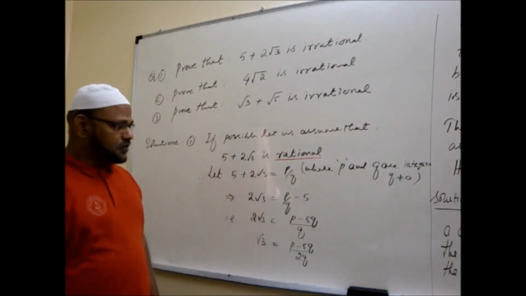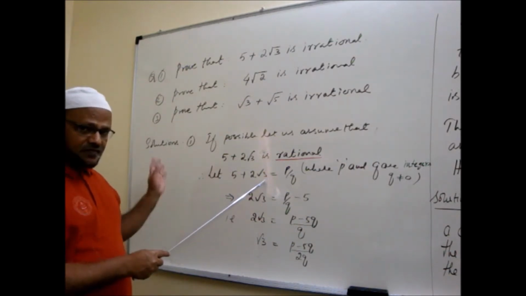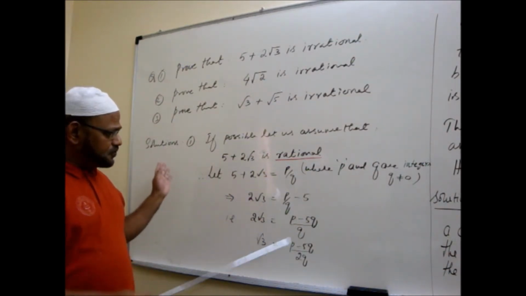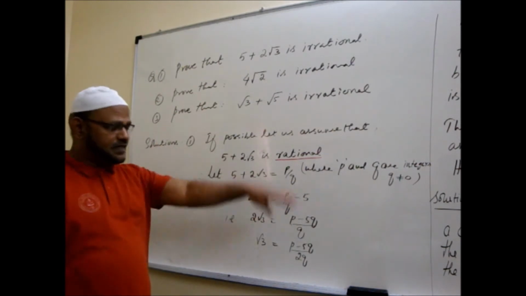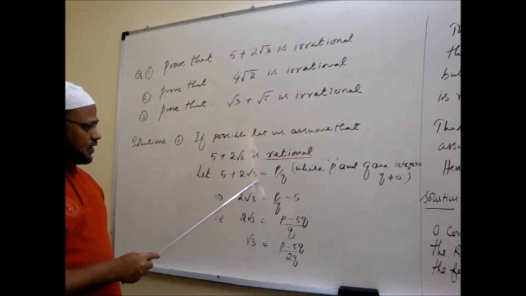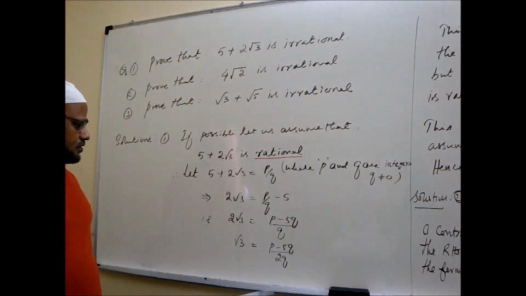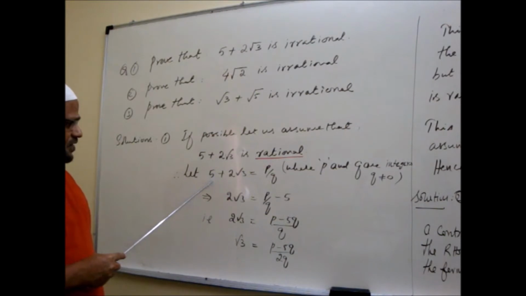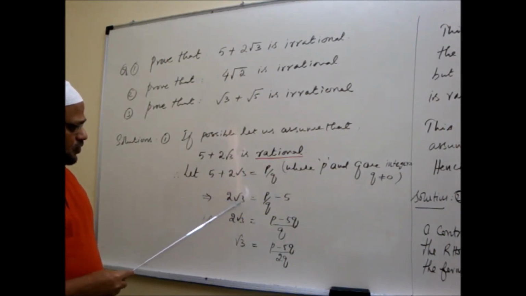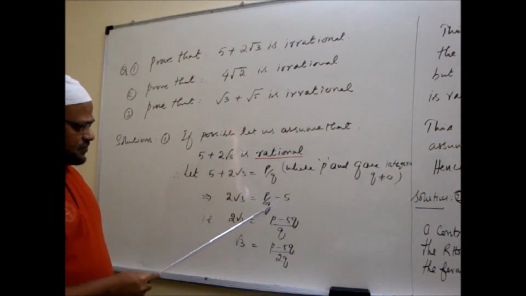Alright. Now what do you do? The root 3 alone, isolate on the left hand side and transpose everything remaining to the right hand side. Got it? So you isolate root 3 on one side and transpose the remaining to the other side. So how does it transpose here? 5 first transposes. So 2 root 3 is equal to p by q minus 5, and I take LCM here.